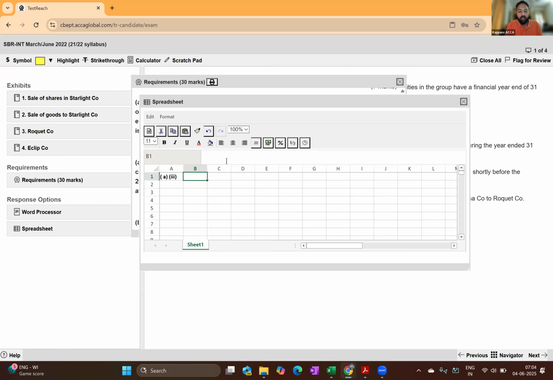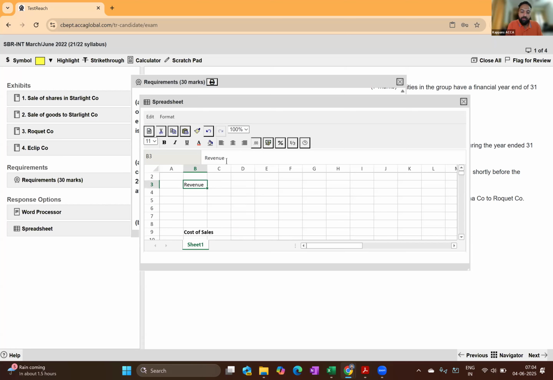A3 extract of statement of P&L for the year ended 31st March 2026. They're asking us to show revenue, cost of sales, and profit attributable to non-controlling interest, or you can simply write NCI as well.